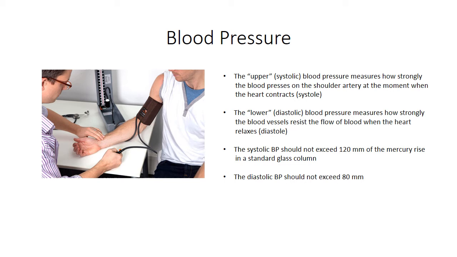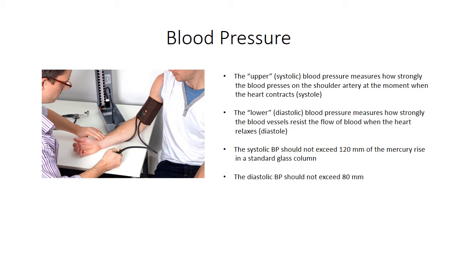The original apparatus for measuring blood pressure was a glass column which had a little piece of mercury, and it was connected with the shoulder arteries through this sleeve, manchette in French. And the higher the blood pressure, the higher the mercury rises in this standard glass column.